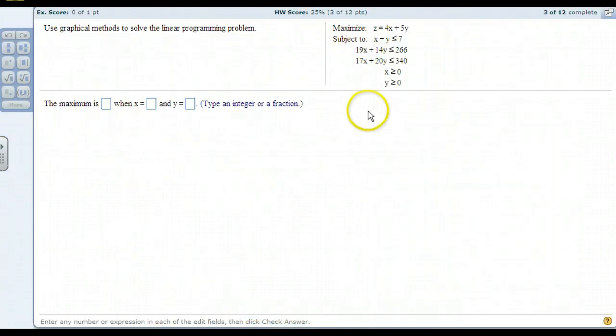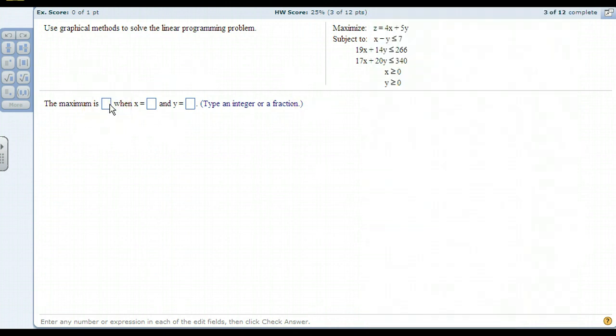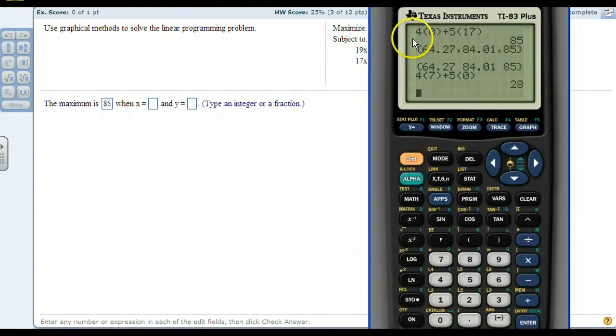We want to maximize that. So the maximum value occurred at 85. Alright, 85 occurred when x was 0, y was 17.